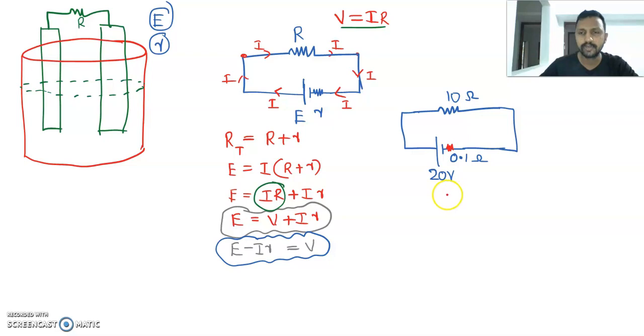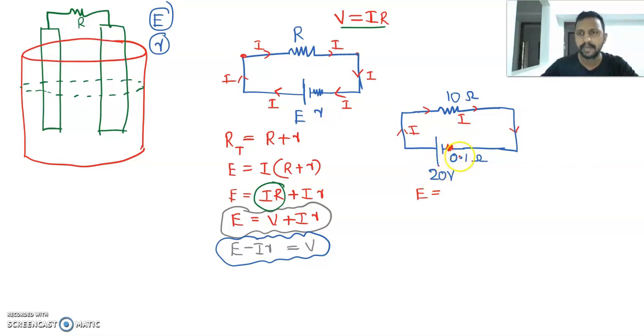We are asked to find out the current passing through the circuit, and the potential difference across the 10 ohm resistor. For that, let's say, what is the EMF? If they are giving you a 20 volt battery, 20 volt is not potential, it is EMF.